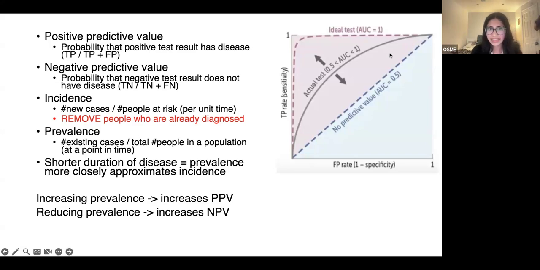And so even if the test is highly accurate, even if the test has a low false positive rate, you're going to generate more false positives just because there are so many more people who truly don't have the disease. Does that make sense? The inverse is true if we reduce the prevalence. If we're in a healthy population, the negative predictive value is high just because the number of people who don't have the disease, so true negatives, is high.